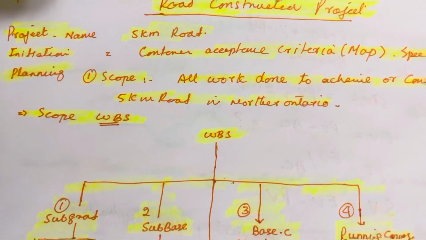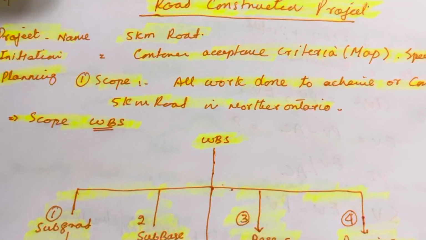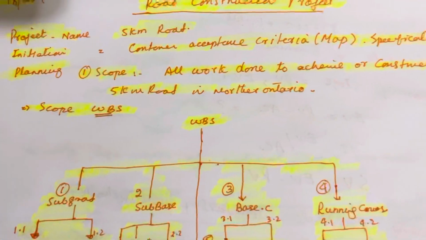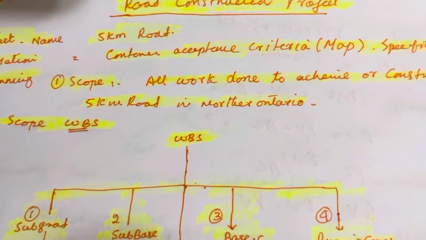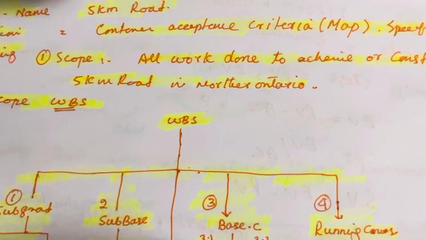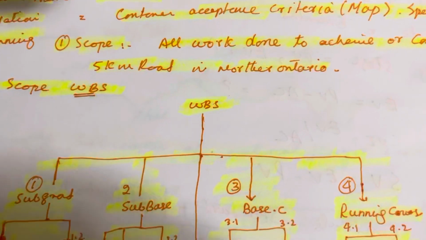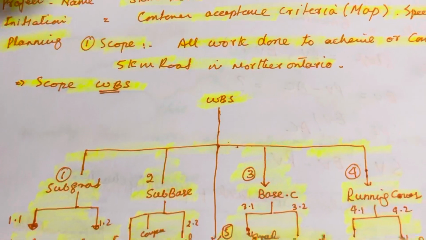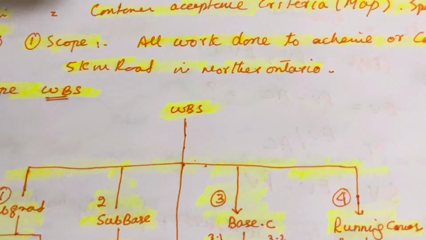It's in northern Ontario. So when we come to project management, initiation means defining the acceptance criteria and the map. We have to draw everything, the acceptance criteria and the standards of the customer, and then we sign the project charter according to PMBOK.